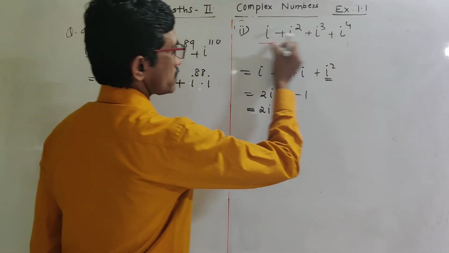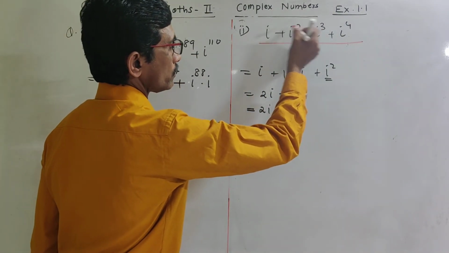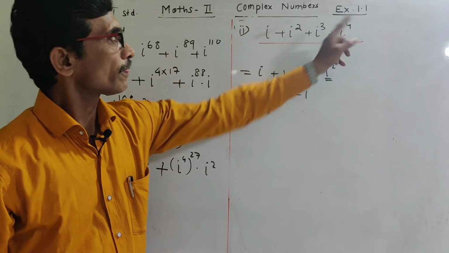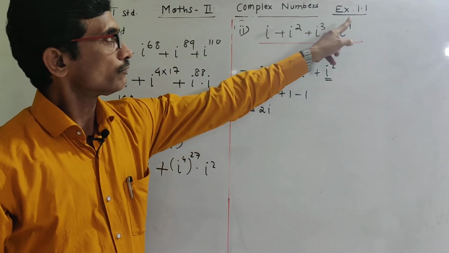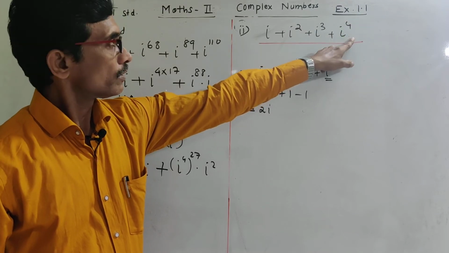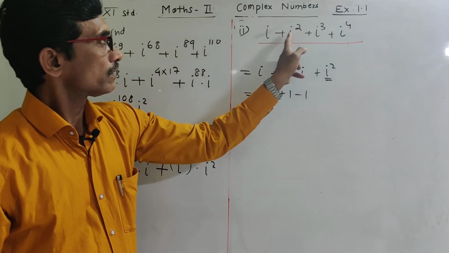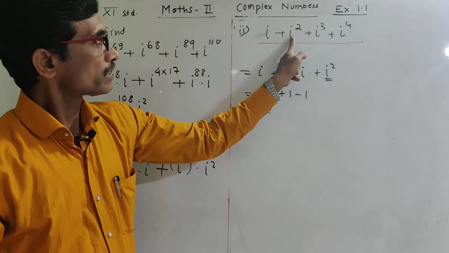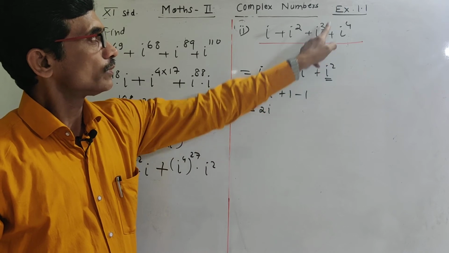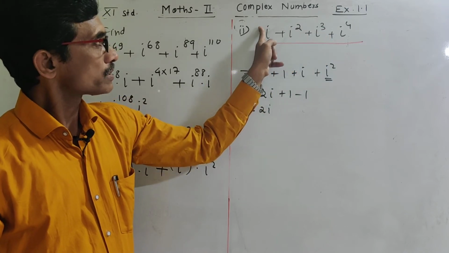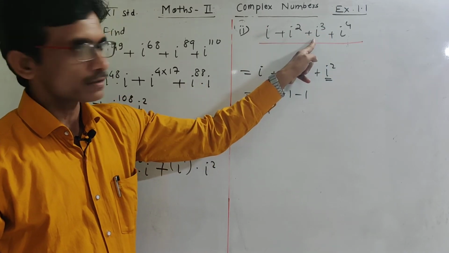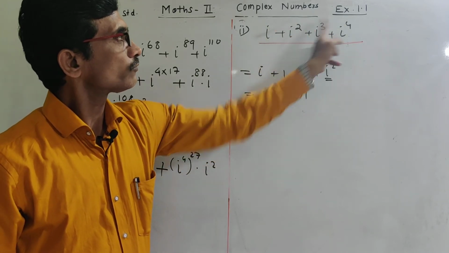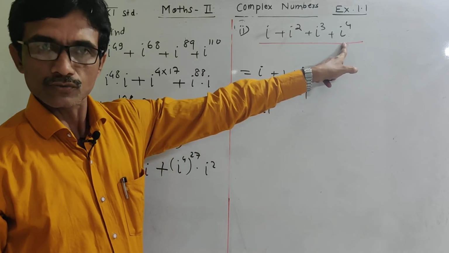Now in this there are consecutive powers, i raised to power 1, 2, 3, 4, so its value will be 0, because i raised to power 4 is 1, i raised to power 2 is minus 1, so this 1 and this minus 1 cancel to 0. i cube is minus i and plus i, this is getting cancelled with this, so the answer will be 0. Remember, consecutive powers and 4 terms, so that will reduce to 0.